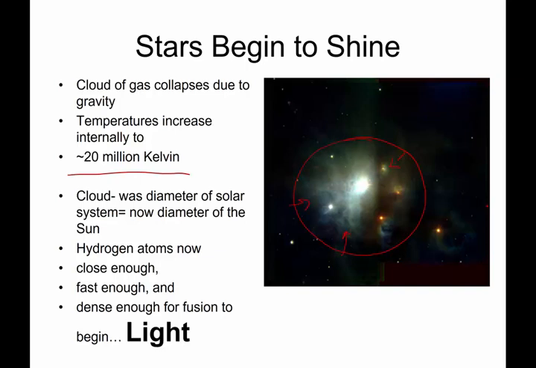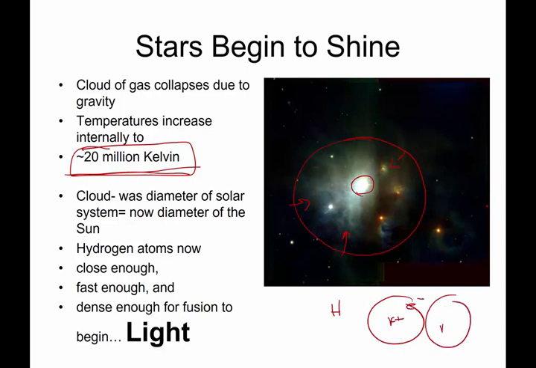When you have those particles get really close together, they are going to get very hot. And when the internal temperature of that cloud gets to somewhere in the neighborhood of 20 million degrees Kelvin, which is nutty and incredibly hot, almost unimaginably hot, then the particles are so close together, the hydrogen atoms are so close together with their individual protons and electrons, that the push and the pressure is big enough to start fusing protons with extra protons.